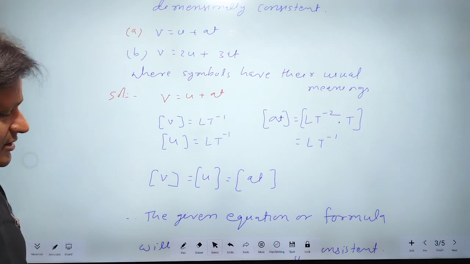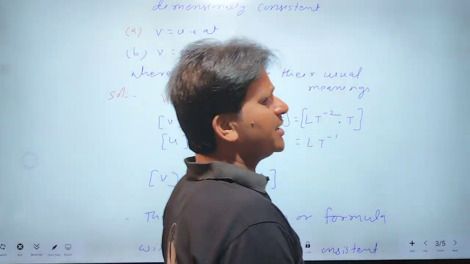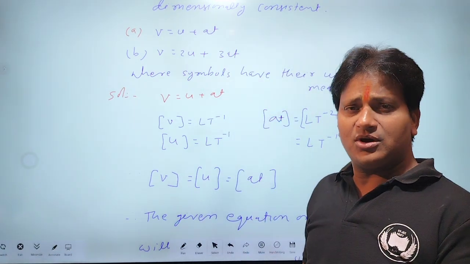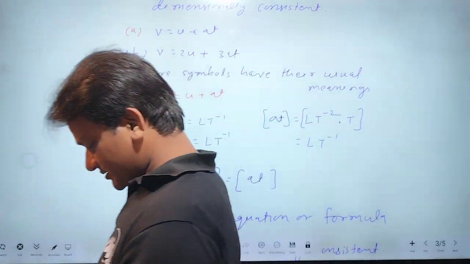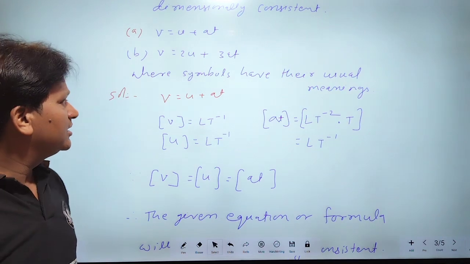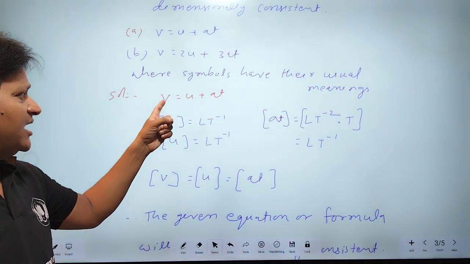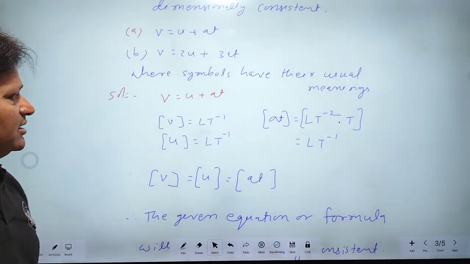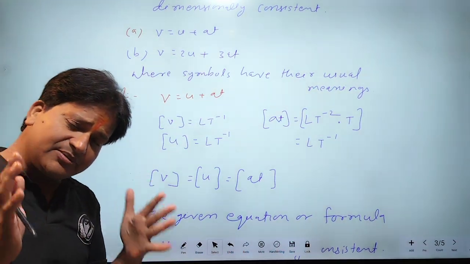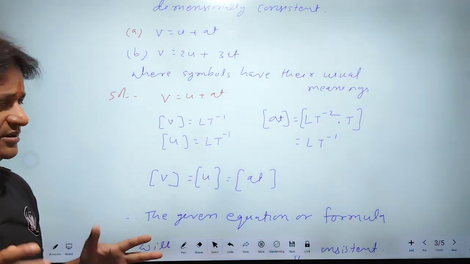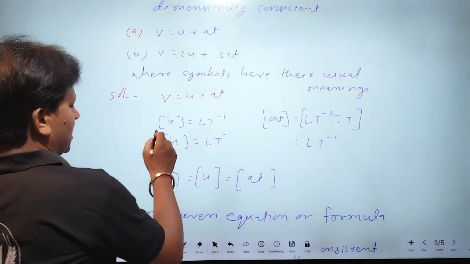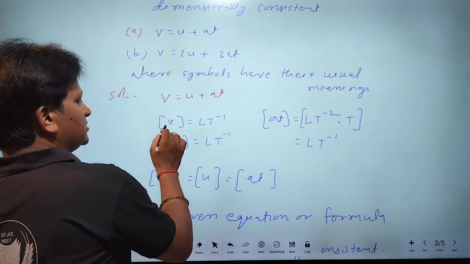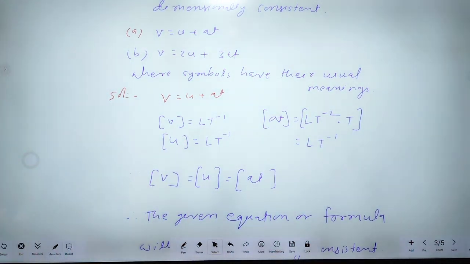Any formula will be dimensionally consistent if each term of the formula or equation has the same dimension. This equation has three terms: 1, 2, 3. Therefore, all terms must have the same dimensions. Dimension of v will be equal to LT minus 1, because this is velocity, the final velocity.